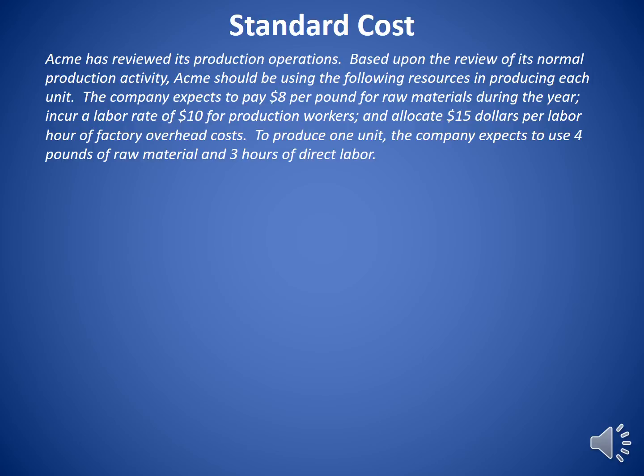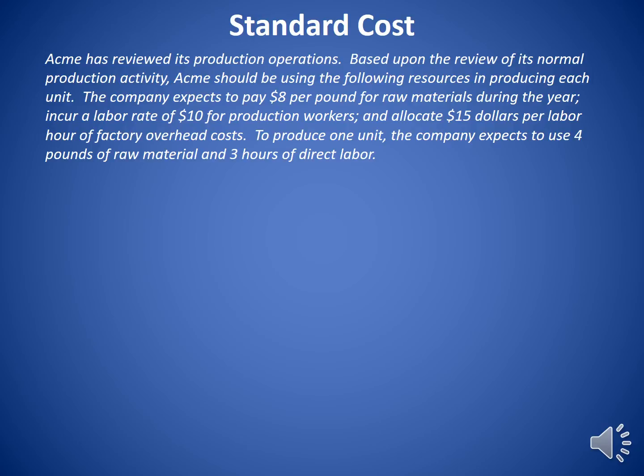Now, to produce one unit, the company expects to use 4 pounds of raw materials, 3 hours of direct labor, and of course we're going to add in the 3 hours of overhead applied at our direct labor hour rate.